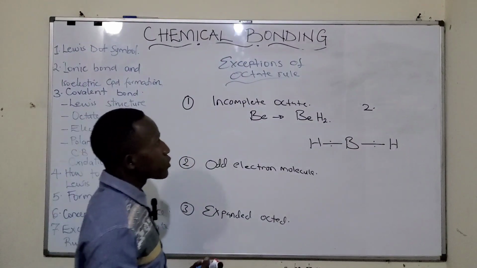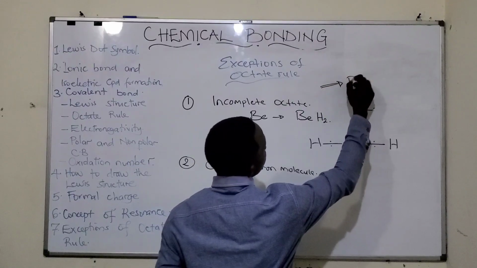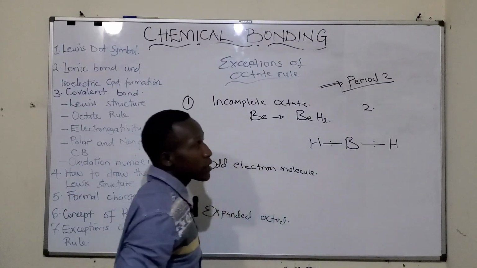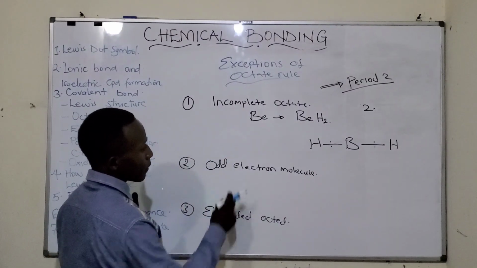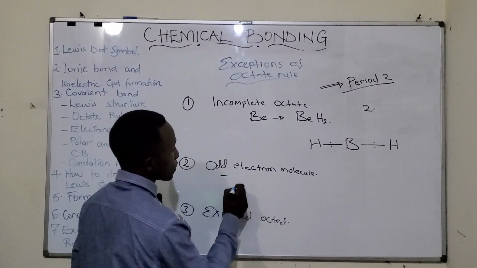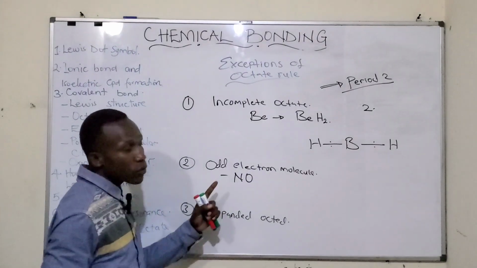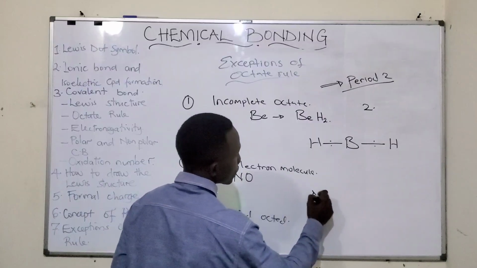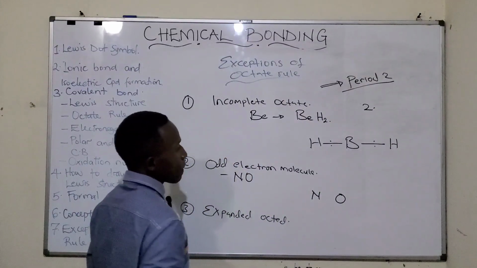We say that the octet rule is mainly for period 2 elements, though there are some exceptions. For odd electron molecules, here we have an example. You can use nitrogen monoxide. If you try to draw the Lewis structure, you have nitrogen and oxygen. That's the first step.